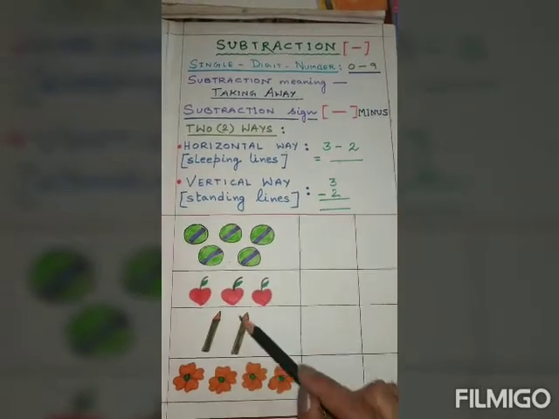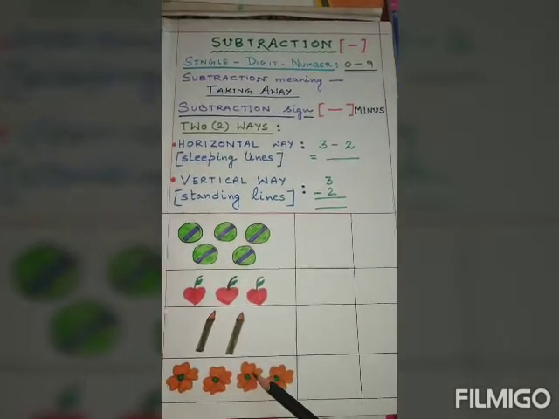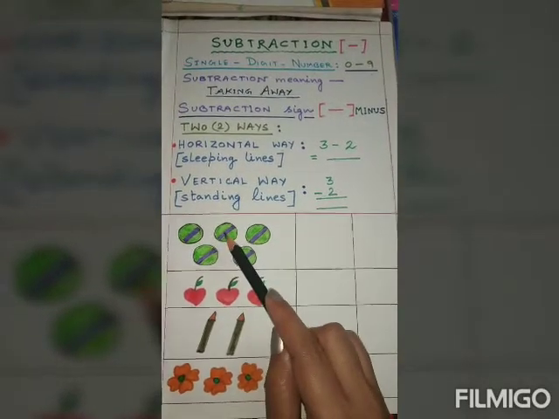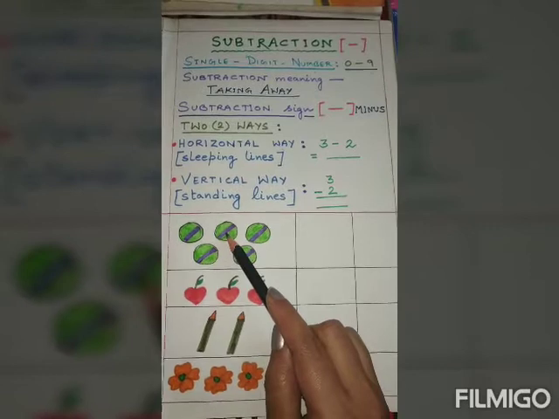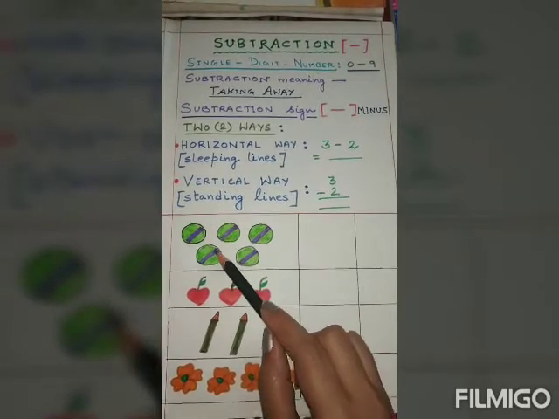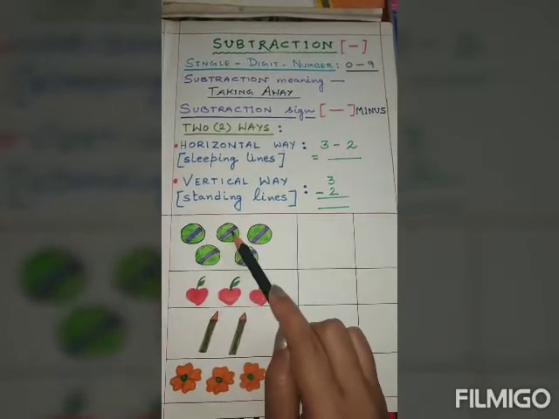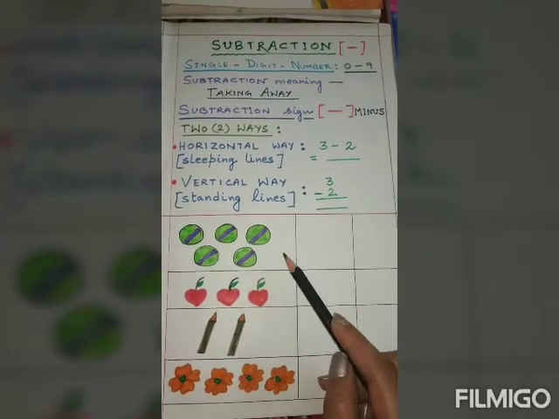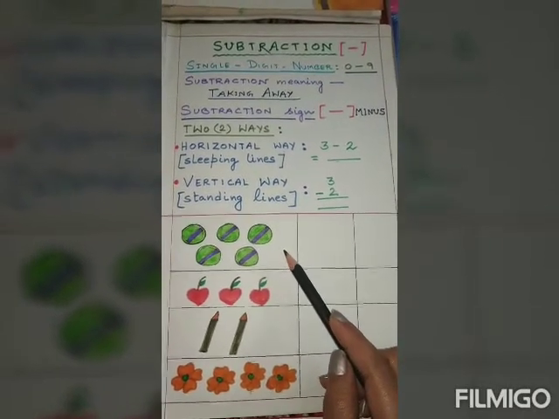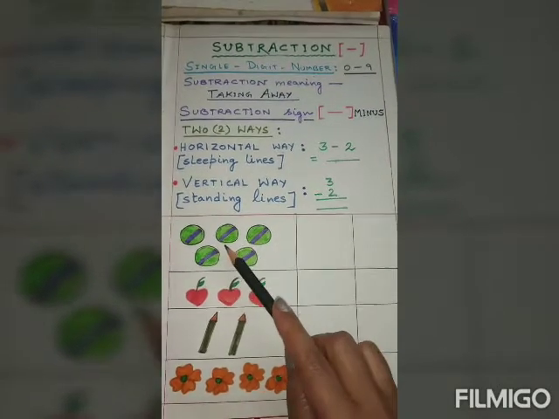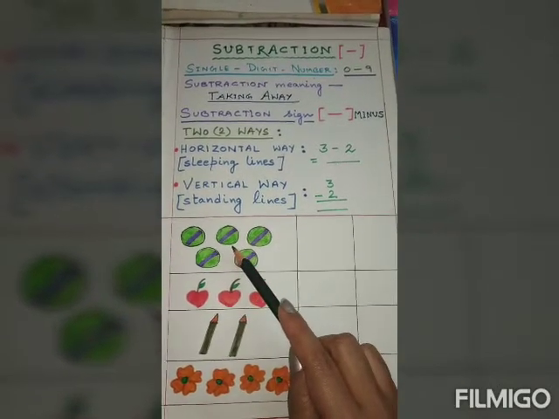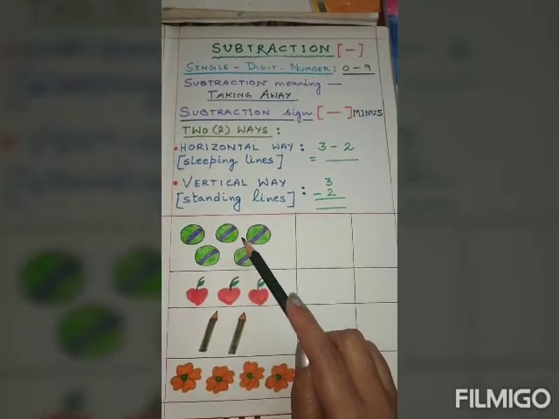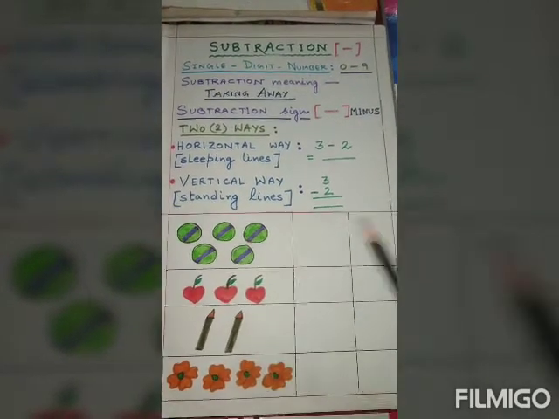Here are some examples of how to do subtraction. As you can see, what is this? These are balls. How many balls are here? 1, 2, 3, 4, 5. So here are 5 balls. From these 5 balls, if we take away 3 balls, how many balls will be there?